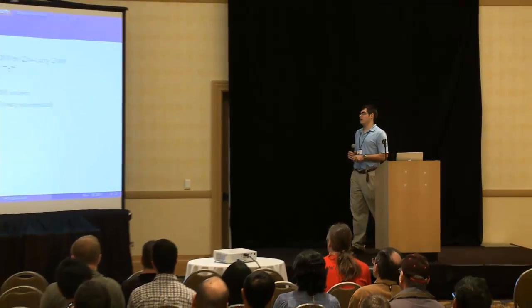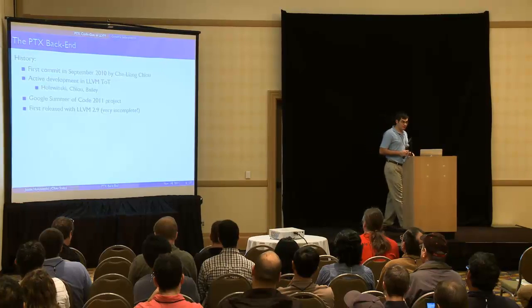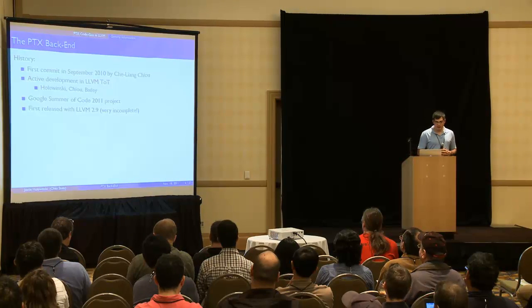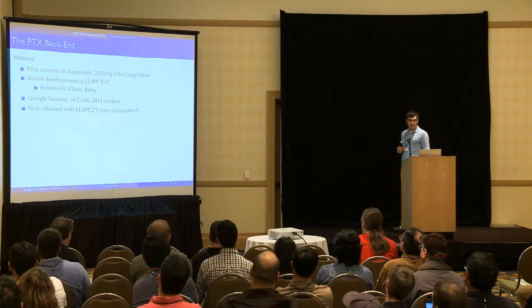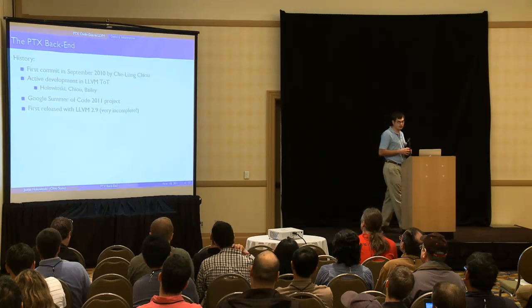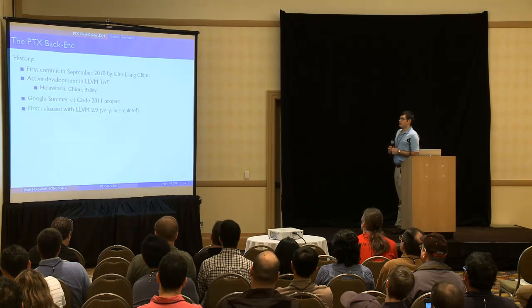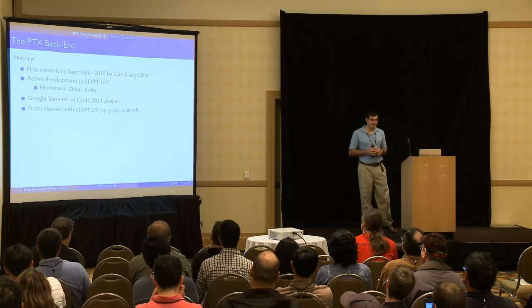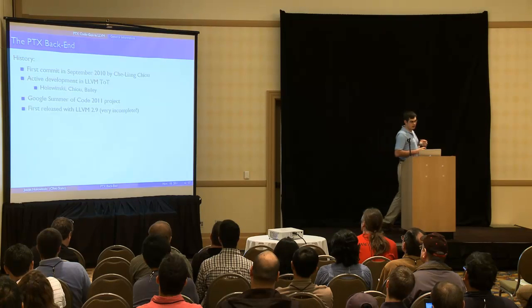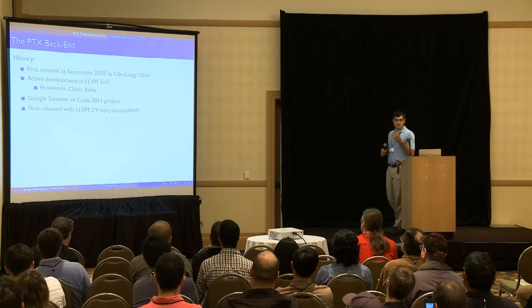Okay, so how do we do code gen in LLVM for PTX? So a brief history of the current state of the actual backend. In September of last year was the first commit of this backend into the LLVM source tree. Since then, it's been very actively developed by myself, Shailing Chow, and Dan Bailey.